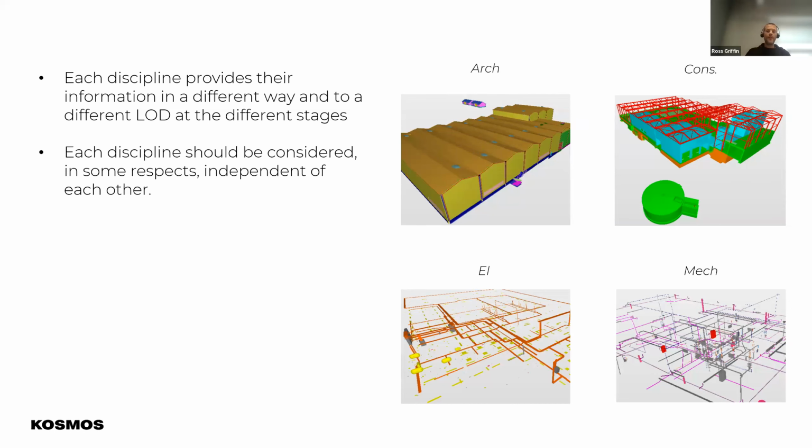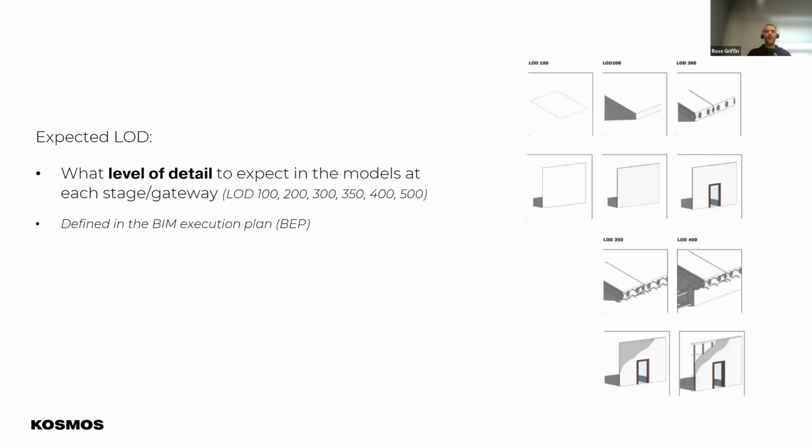So if I just go back slightly here to the LOD 300 or even 200 stage, when you come to services in the very early stages, stage 2, you'll get main distribution for ventilation, probably water supply, hot and cold, and main electrical cable trays and busbars, depending on the project, of course.